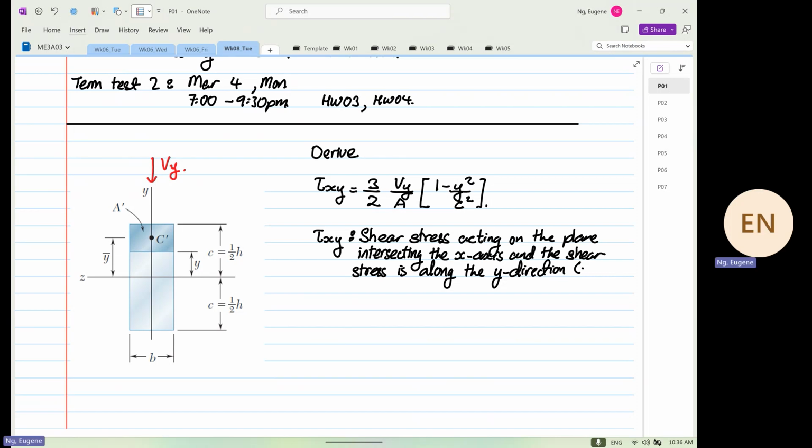Units over here can be Pascal or PSI, pounds per square inch.